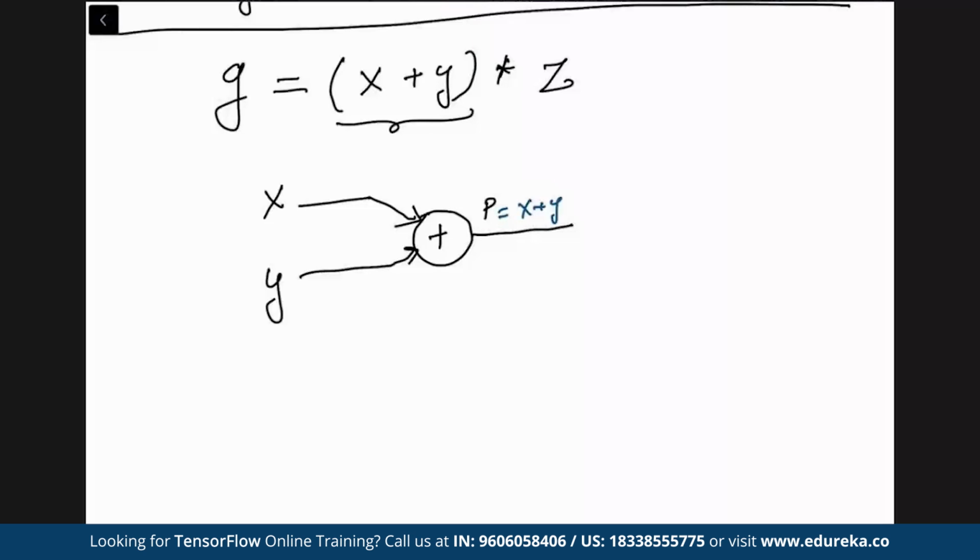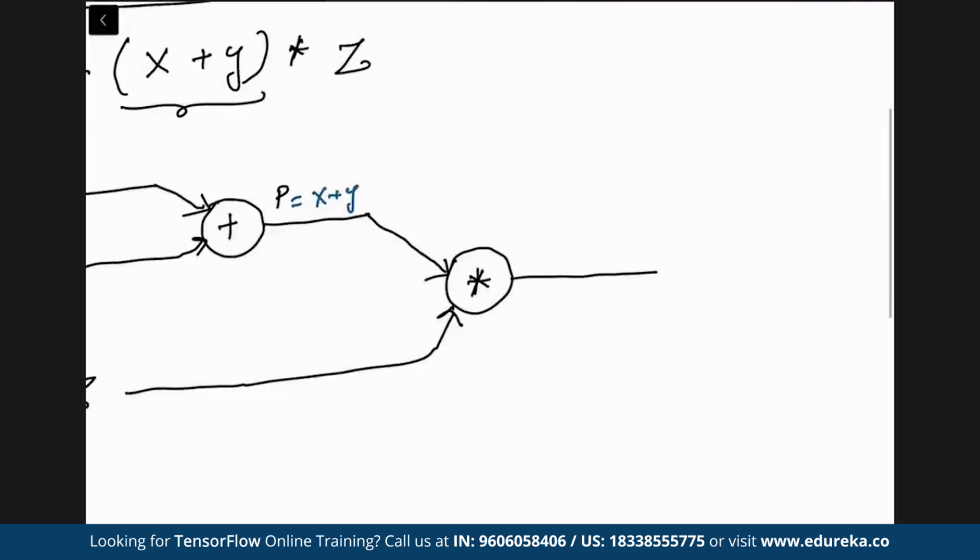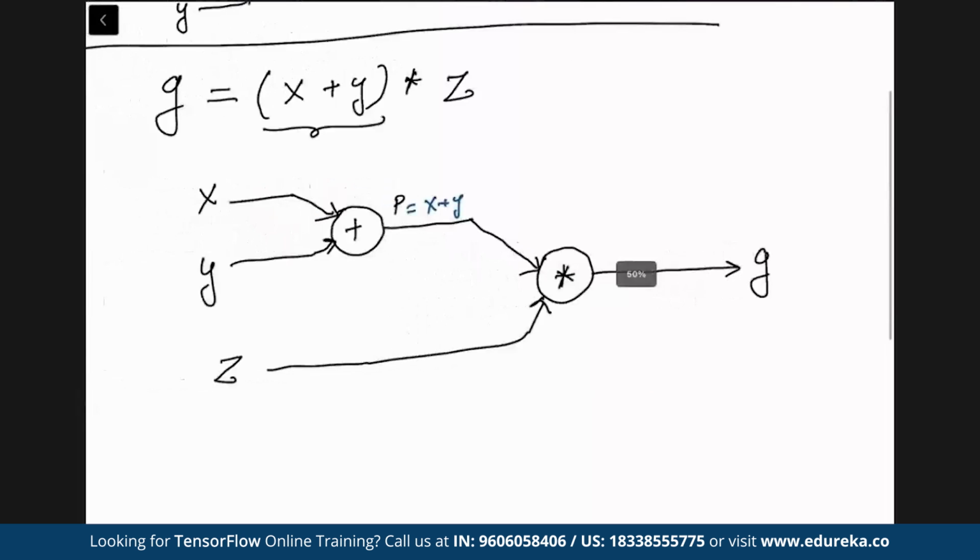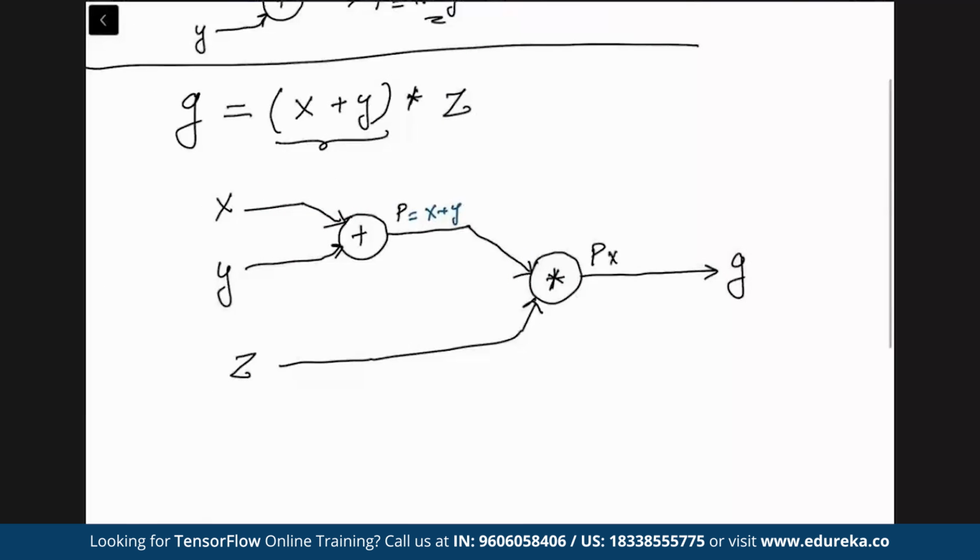Then we have to add another node, because we have a multiplication to be done here. So let me add one more node over here, which would represent the product of two numbers, and I would just pass an arrow and one more input, that's nothing but z. This is going to be G, right? And this output over here represents p times z.